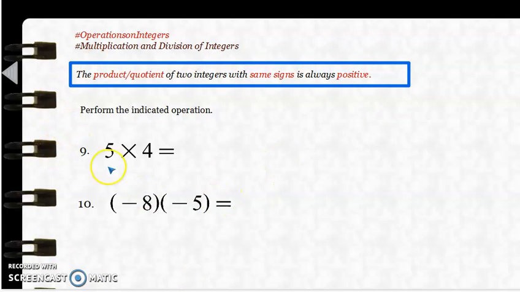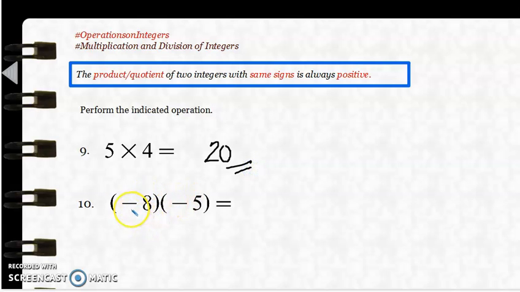So following the rules, we're going to get the product of 5 and 4. Since 5 and 4 are both positive, we get 20 as a result. It's positive because they are of the same signs. There's no need to put a positive sign before 20 because it's understood to be positive already.